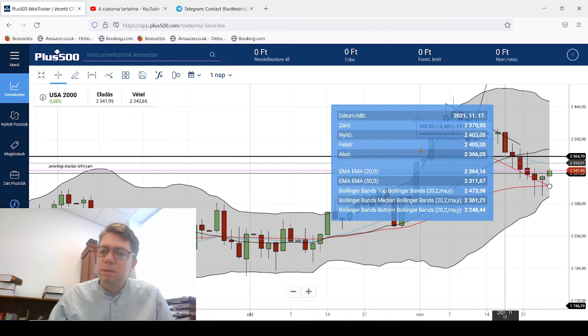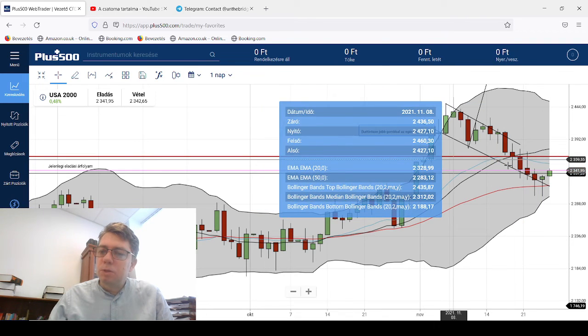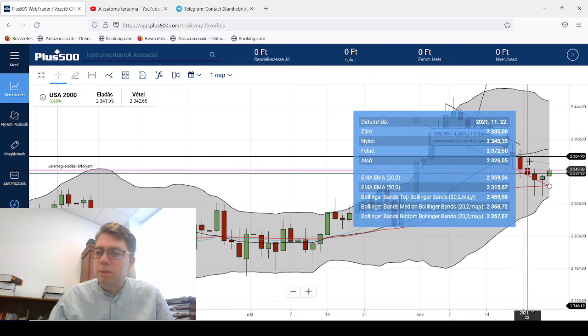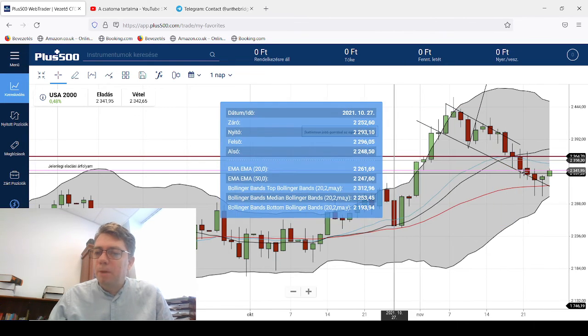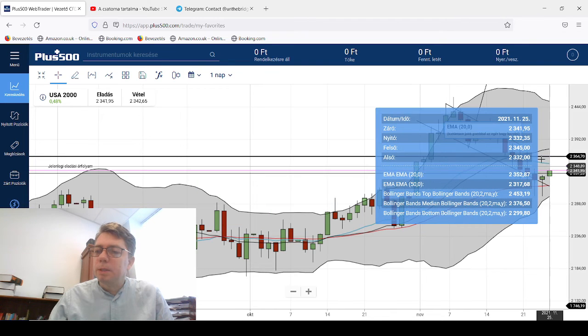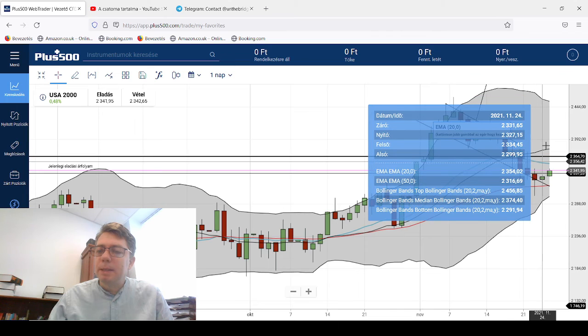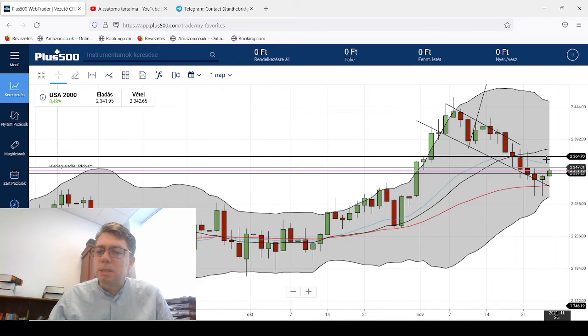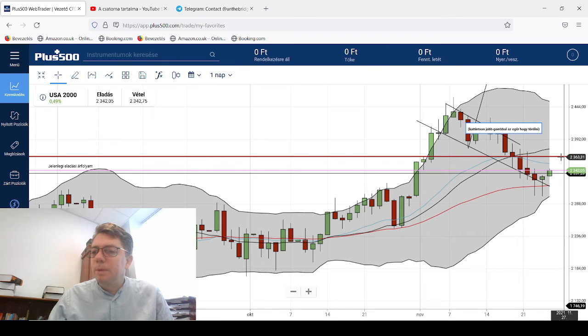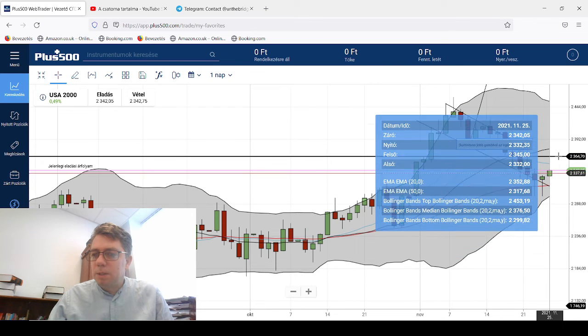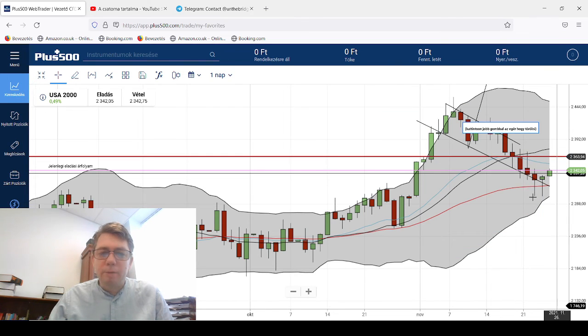So my prediction for the immediate short term is that Russell is going to 23.50, and once we break above, have a daily body close above the 20-day EMA, that's a bullish sign. It's time to go long, especially if we break above this trend line. This is a trend line for me at 2365-ish area.